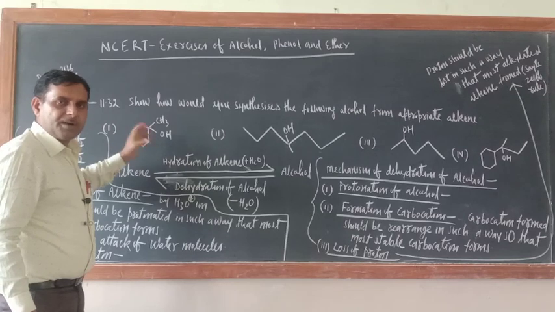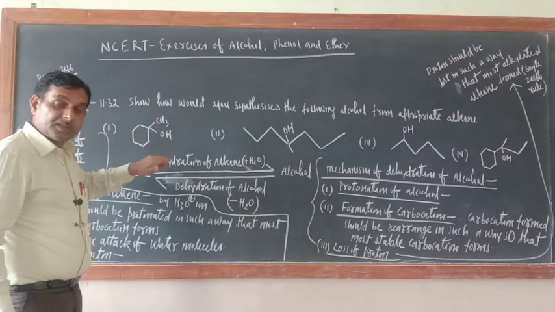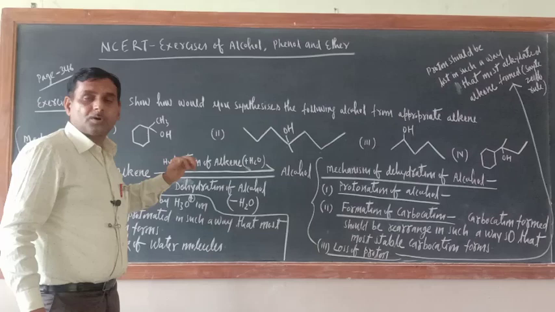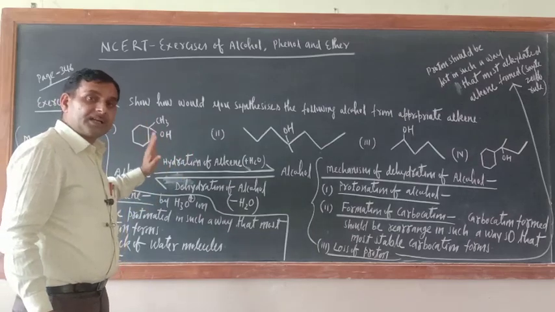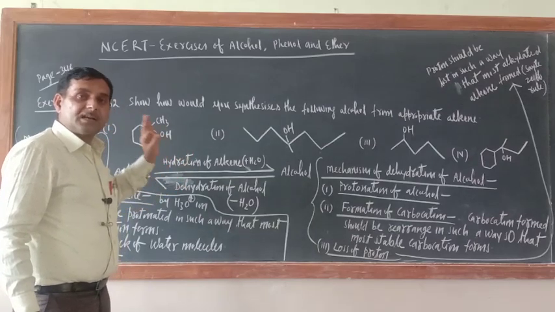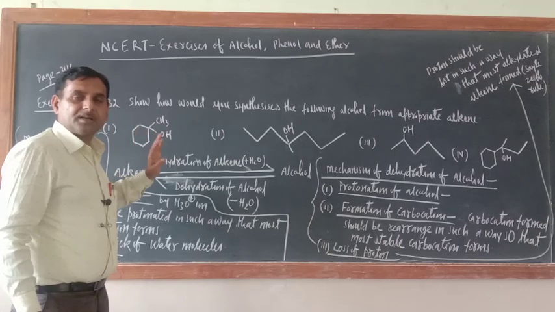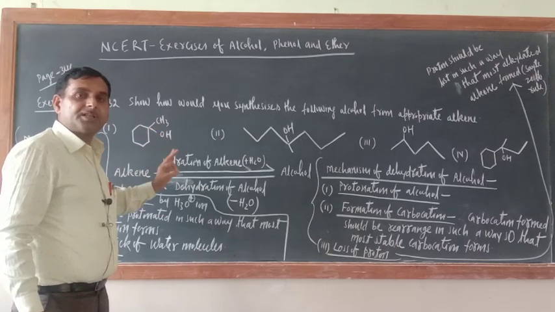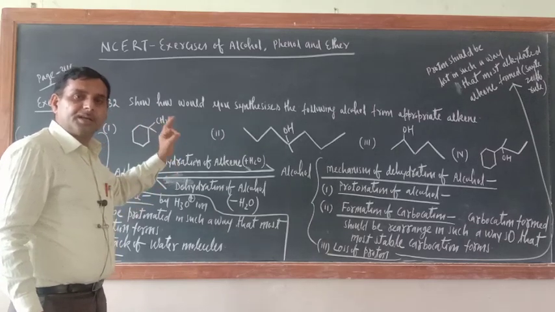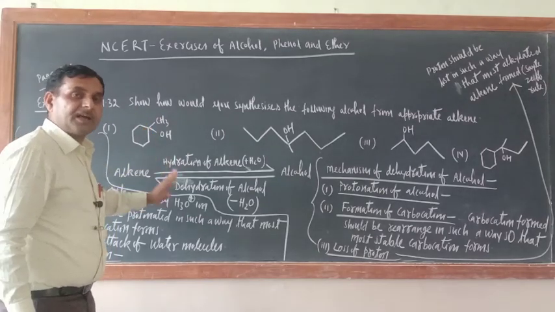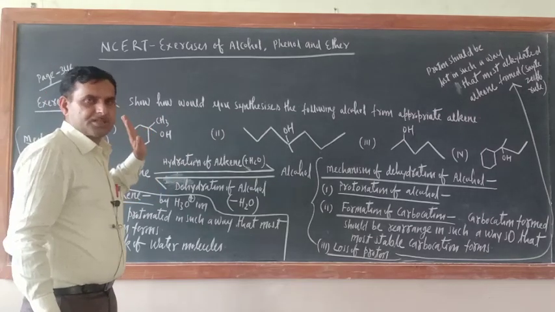Their mechanism I have not taught because it was not given in the NCERT book. Dehydration of 1 degree alcohol has been given, but dehydration of 2 degree and 3 degree alcohol has not been given. That is why the need arises to teach this one.